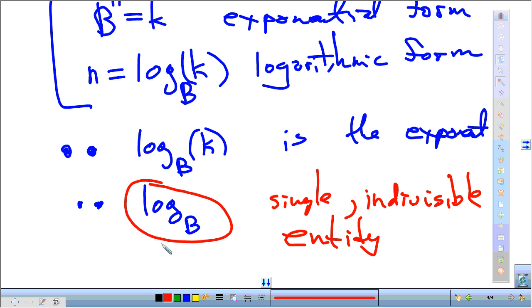The parts themselves have no meaning. There's nothing here about products because you put symbols next to each other. So remember, a single entity not to be taken apart. So we have log base b, that's one thing, and then we have a function of k.